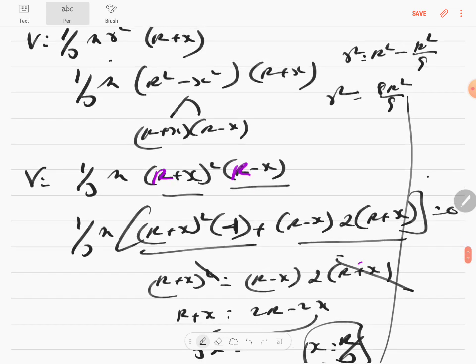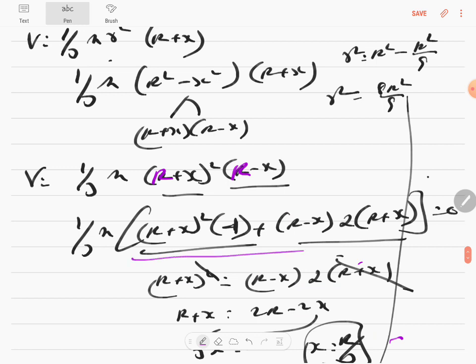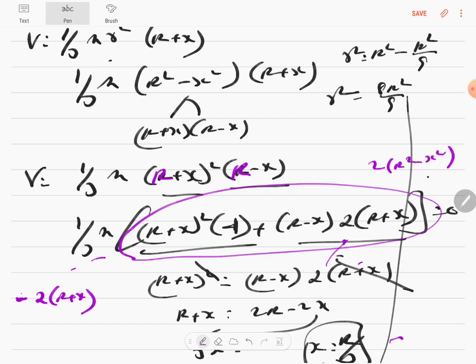So then take the differentiated value and differentiate it once again. You're going to differentiate it once again. The first term, you can forget about 1 by 3 pi. The first term when you differentiate it, minus is already there. A 2 into R plus x. This can be written as 2 into R square minus x square while differentiating.